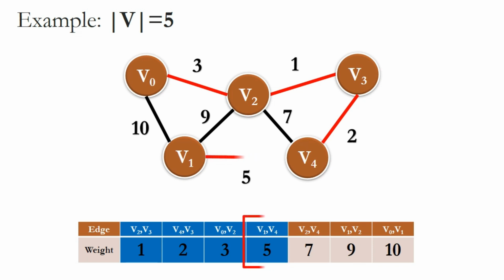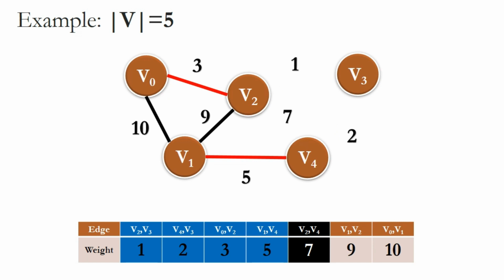Therefore, kapag nilagay pa natin sa vertex 1 and 4 sa ating graph or spanning tree line and it doesn't form a cycle, therefore this vertex 1 and 4 is included to the spanning tree. Let's proceed to next element.